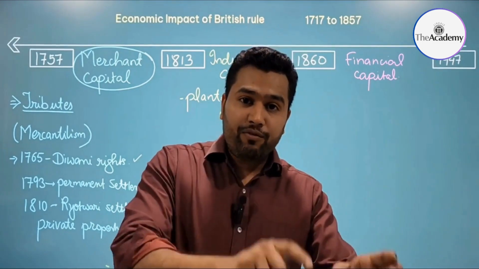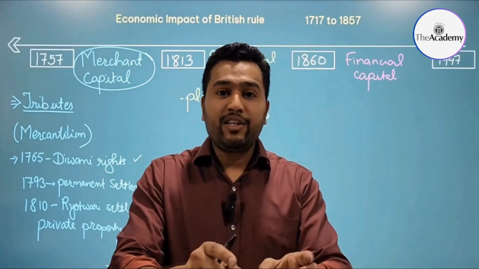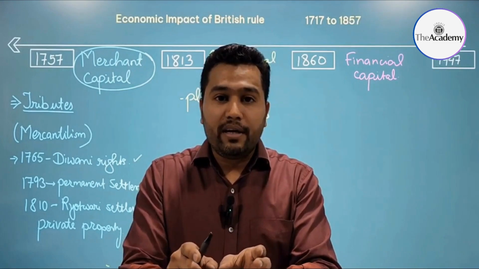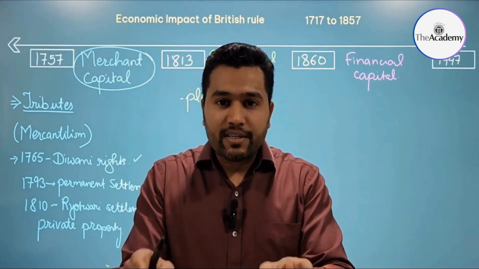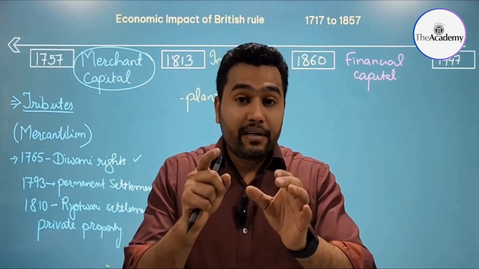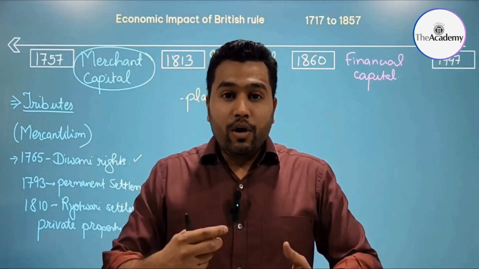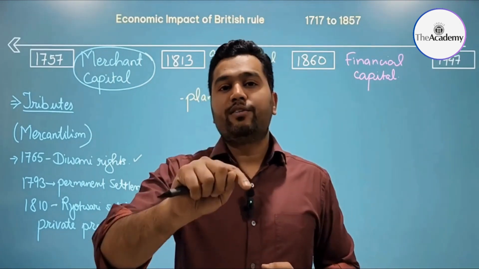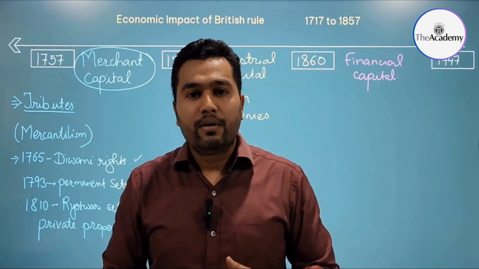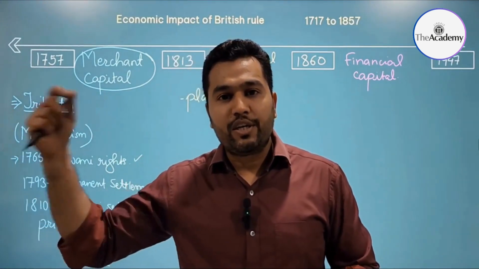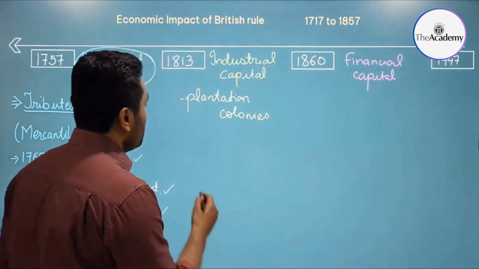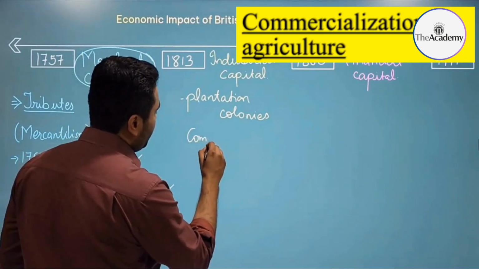So at the expense of food grains, cash crops were being grown in the agricultural sector in India. Now the agricultural sector was producing output to satisfy the needs of the English industrialists. This led to commercialization of agriculture.